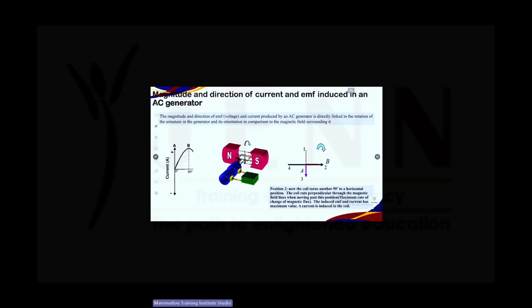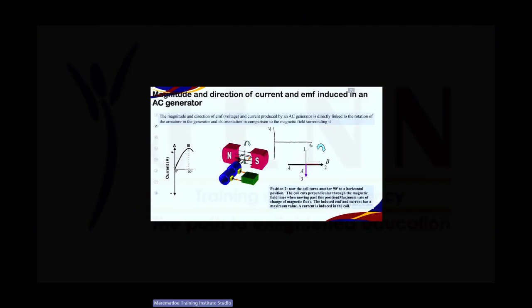Now, for example, they can give you a picture like this, and then they will ask you to give a graph of potential difference over time, but start for one rotation and start the graph at the position where the coil is at the moment.